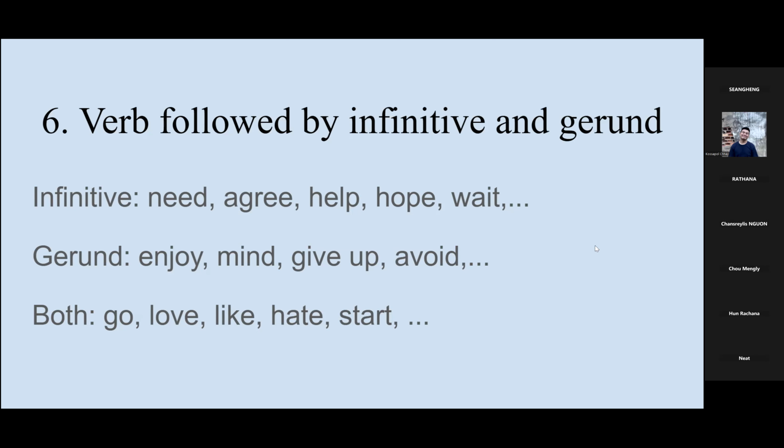This is for you all to know the verbs that we use with the infinitive and gerund. Then we look at the form of them, how it's formed. Please, next slide, teacher.